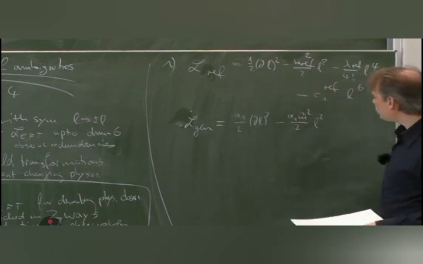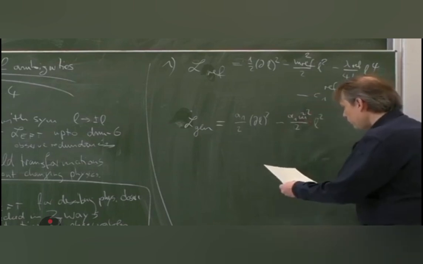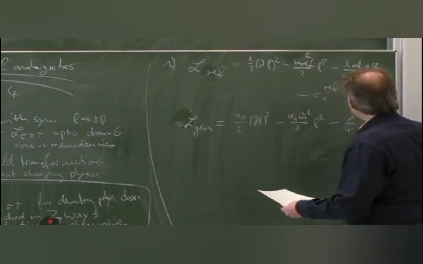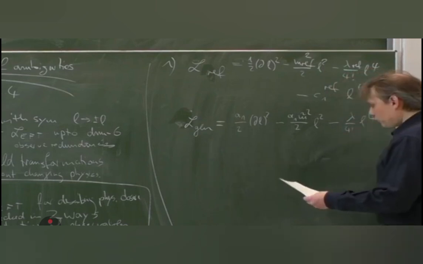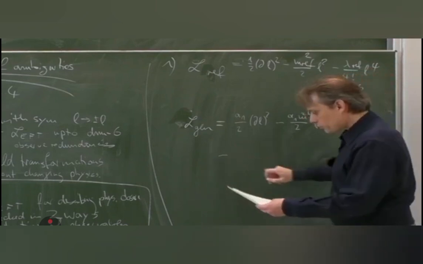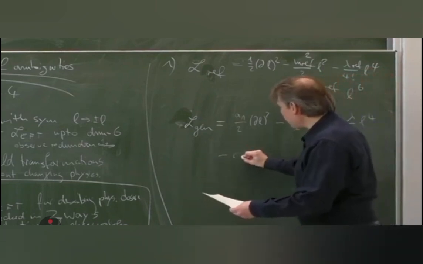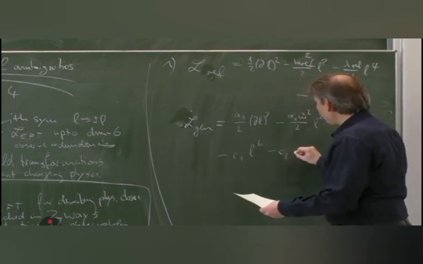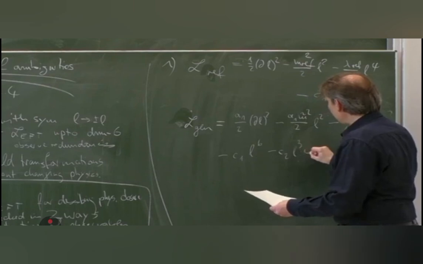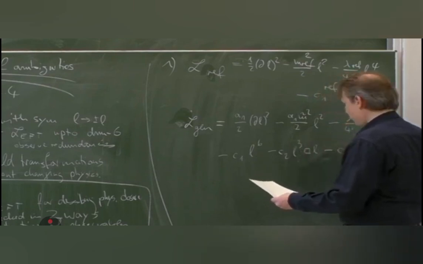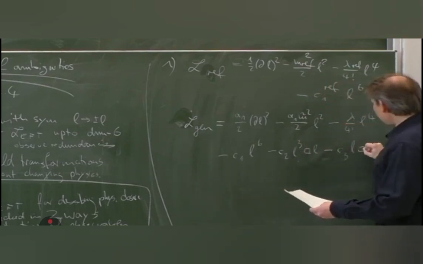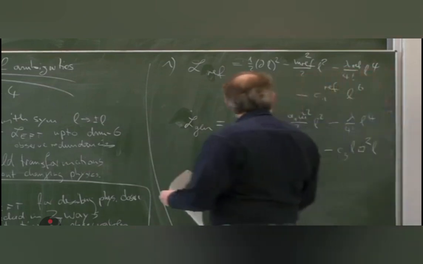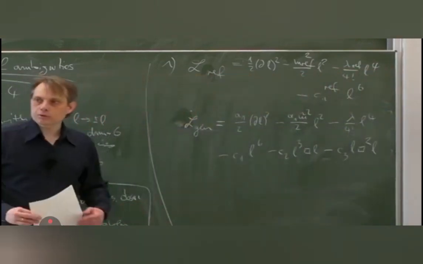However you call it, the mass term has an arbitrary coefficient. Then there is some lambda without index times l to the 4. And there are 3 dimension 6 operators, namely minus c1 times l to the 6, minus c2 times l cubed d'Alembert l, minus c3 l d'Alembert squared l. So here we have the squared d'Alembert operator, in other words, a 4th derivative.